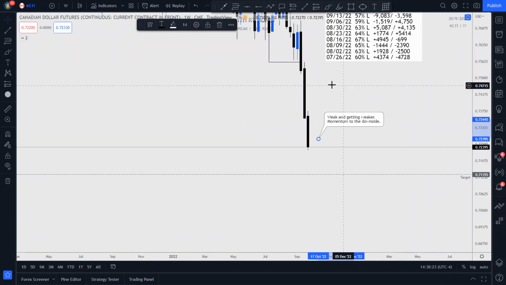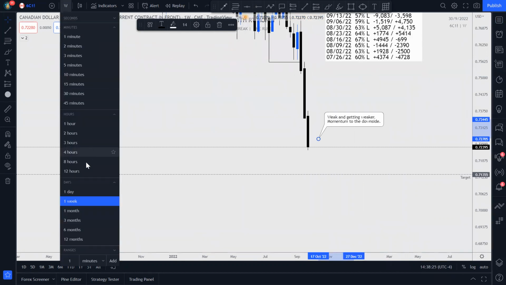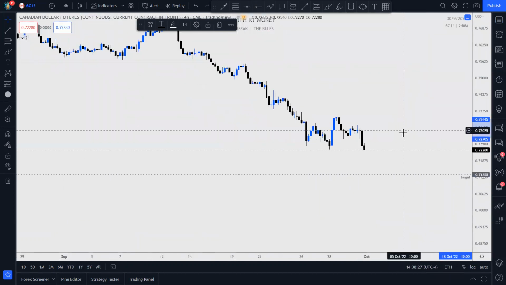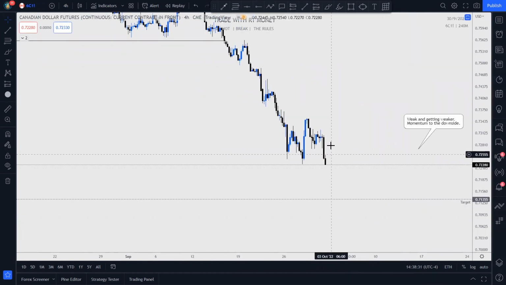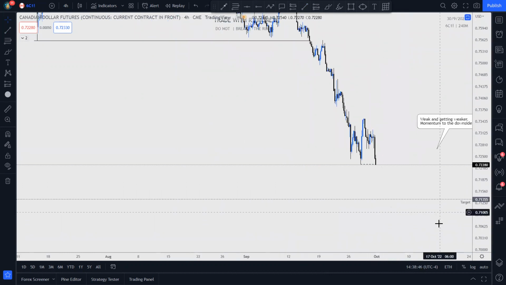So we're weak here, and it's getting weaker, and this is the one you want to put up against the stronger pairs. All right, look at that weakness here. We just took out this low. So it's going. Is there any doubt about it going? If you have a doubt, you should have your head examined.